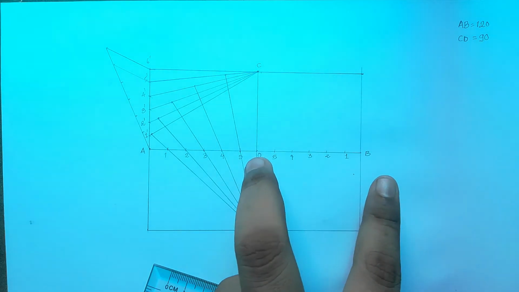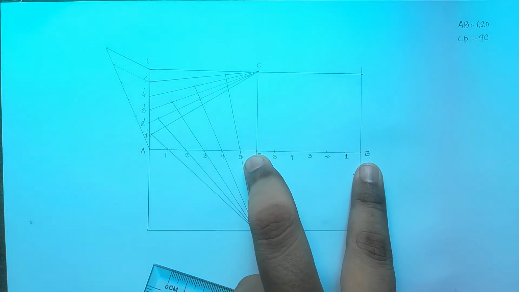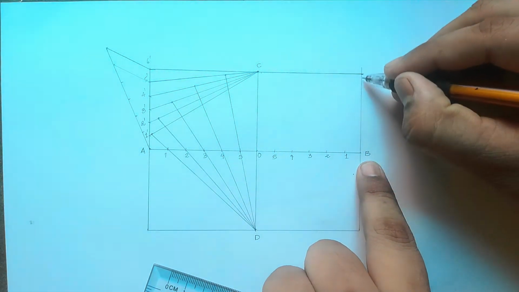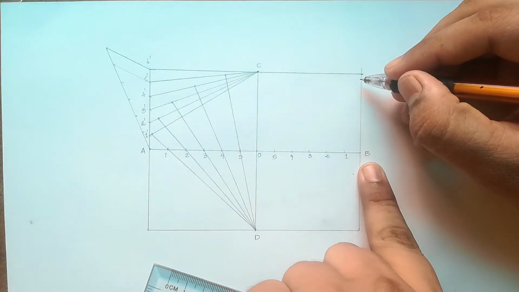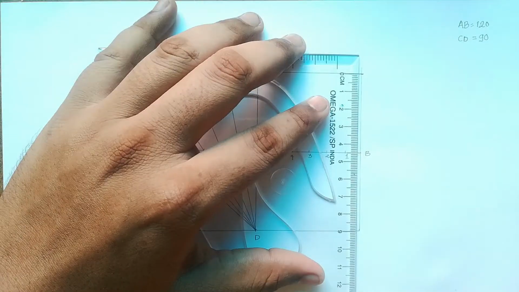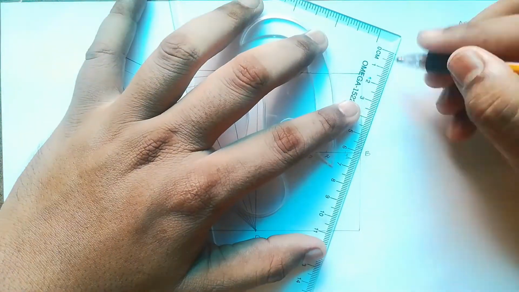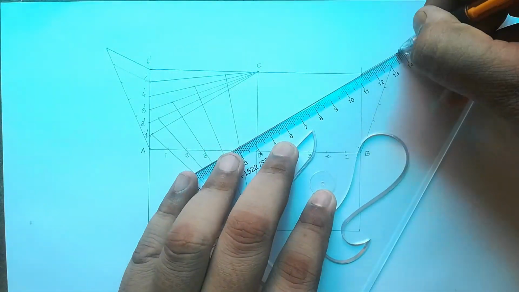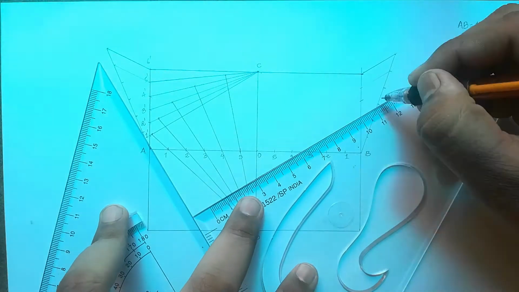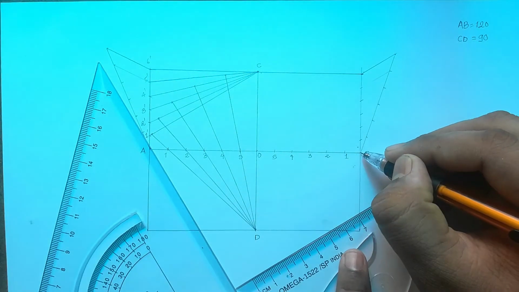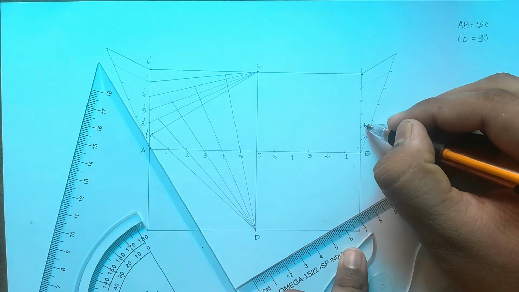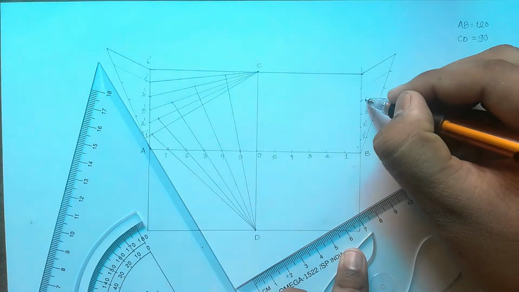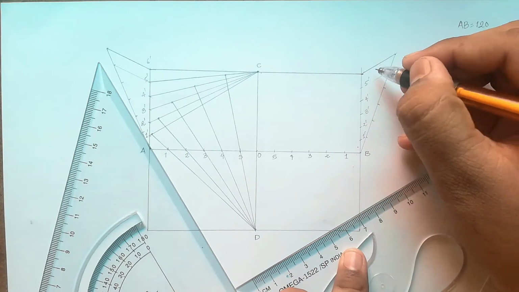Now, as I have made a total of 6 divisions over here, the vertical line that is available over here has to be divided into 6 equal divisions. I will once again start from point B. This is my 1 dash, 2 dash, 3 dash, 4 dash, 5 dash.